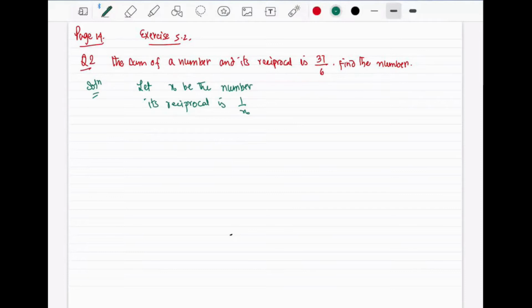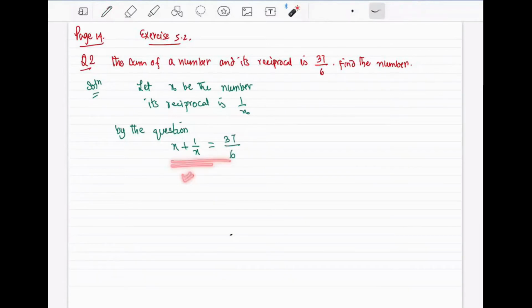So x and 1 by x, we add them, and the value we are supposed to get according to the question is 37 by 6. Obviously, we can make a quadratic equation from this equation. You don't see it exactly, but we will transform it into a quadratic equation and then solve.